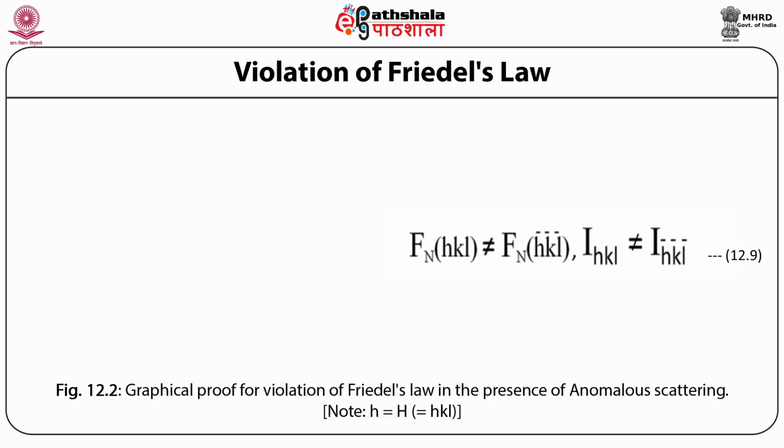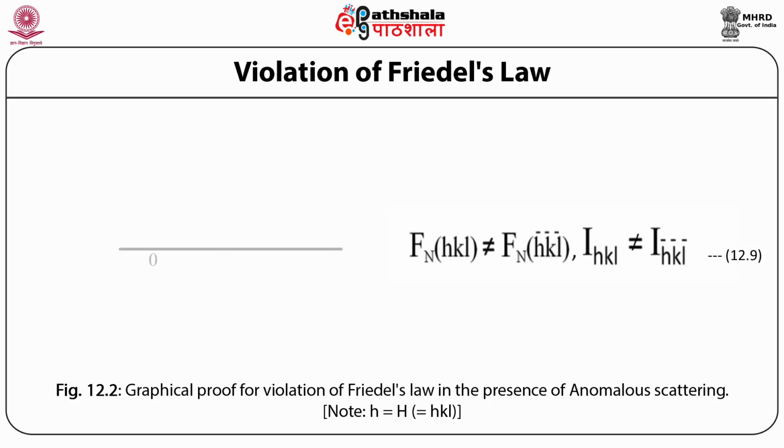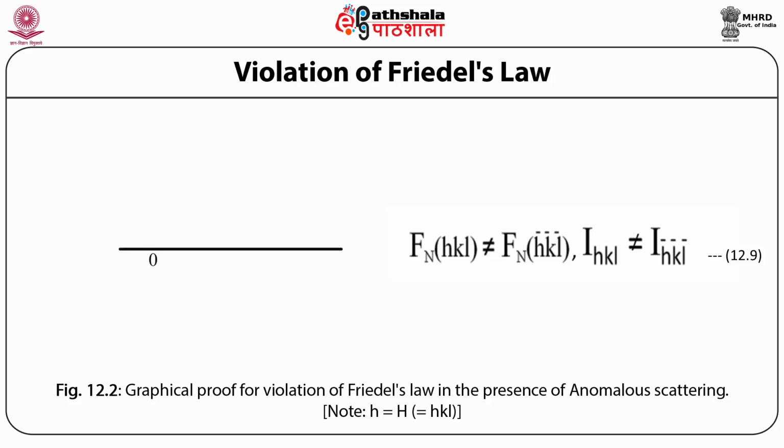We can see the expansion later. So now what I want to say is that the total structure factor now has three components: F naught of h, the total real part; then F prime of h, coming through the dispersive term, the atomic scattering factor f prime; then F double prime of h, coming through the anomalous scattering term, with i f double prime as the coefficient in the structure factor.